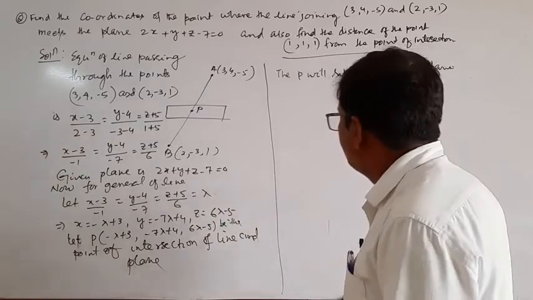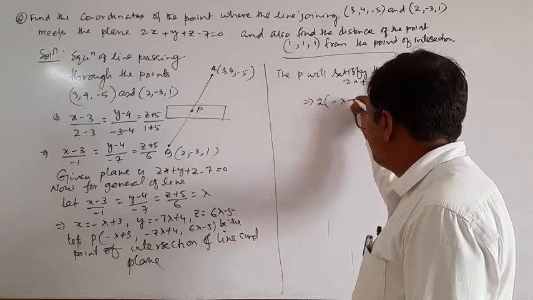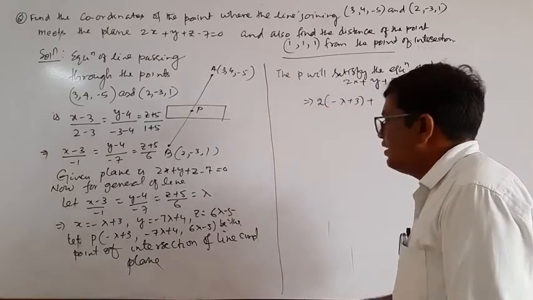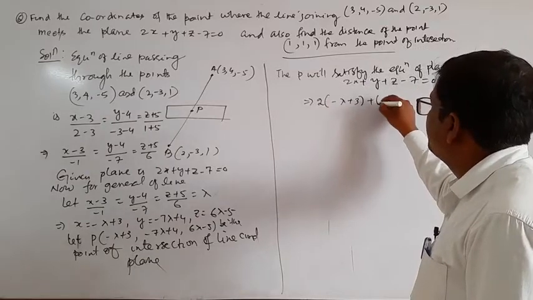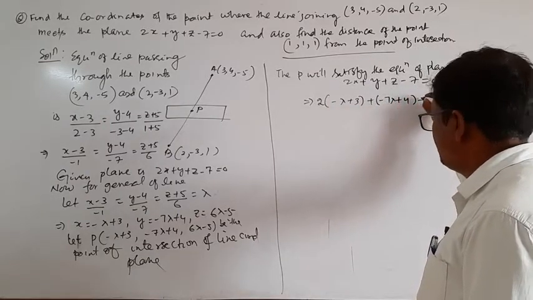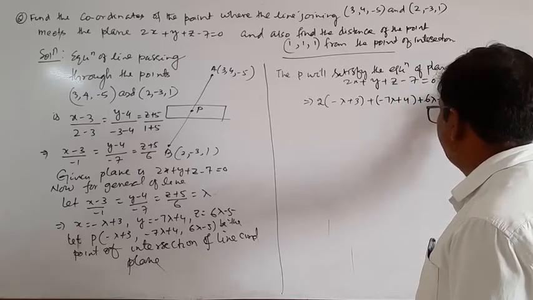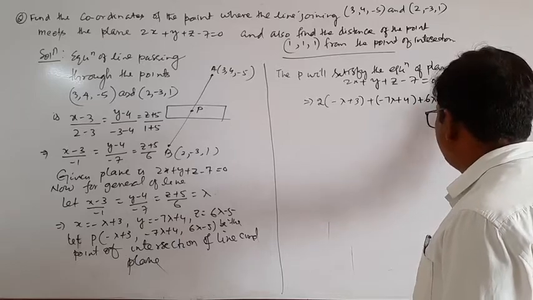So that is 2 into x, minus lambda plus 3, plus y, minus 7 lambda plus 4, plus z, 6 lambda minus 5, minus 7 is equal to 0.